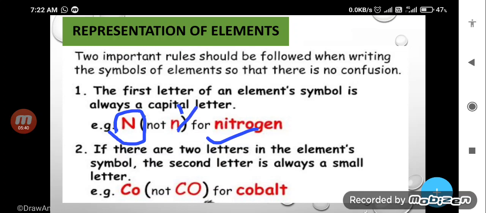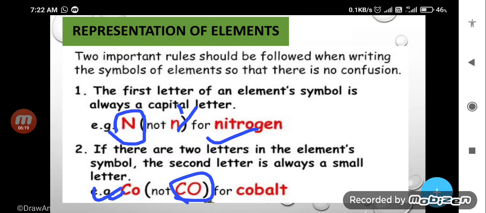But if we have to write two letters for an element, the first letter must be a capital letter and the second letter must be a small letter. Here, Co is written. It means cobalt, and for cobalt you will not write CO in capitals. The first letter you write as capital C, and the second one as a small letter.